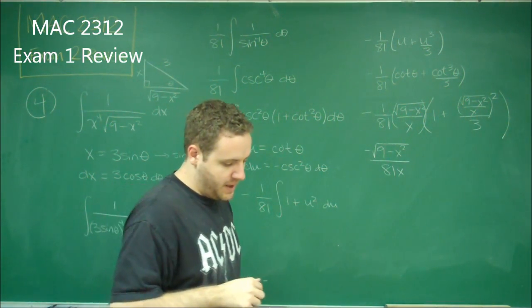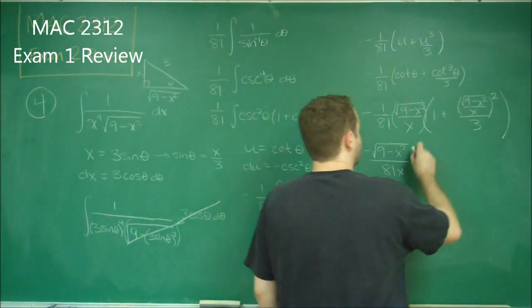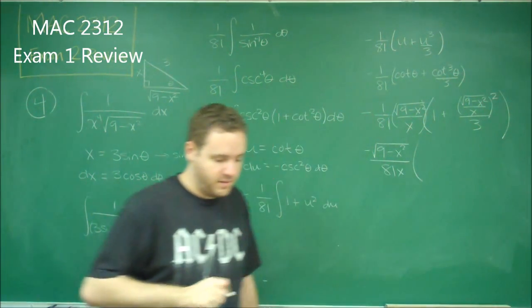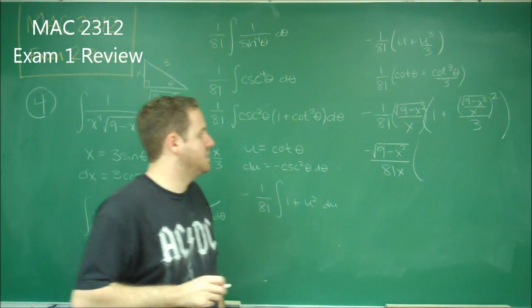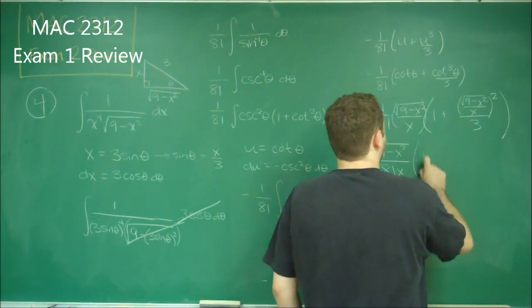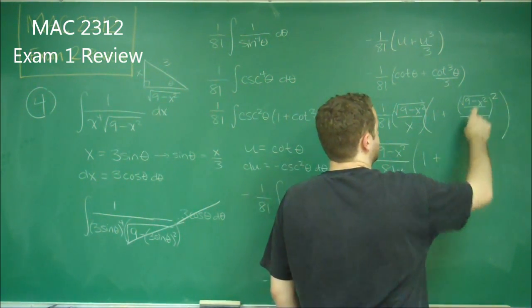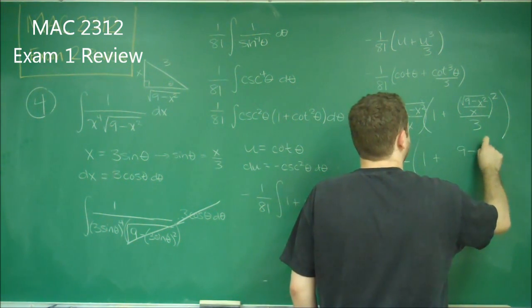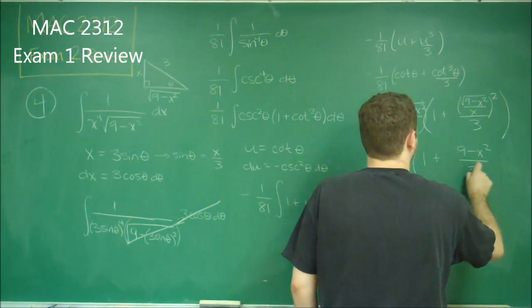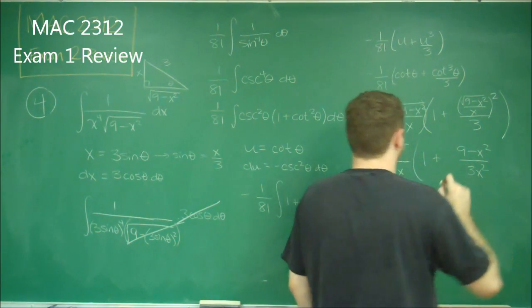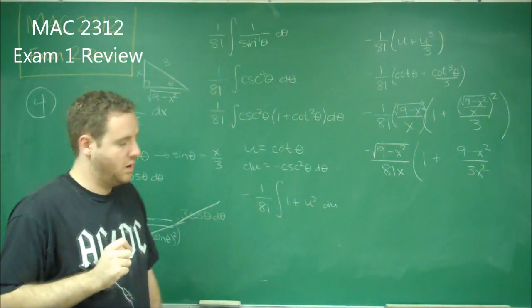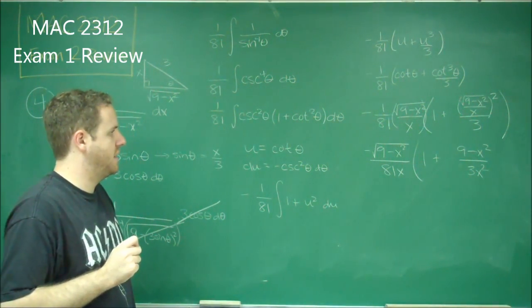And then on the inside, we're going to have a couple of different things here. We're going to get 1 plus 9 minus x squared over 3x squared, being fully factored out there.